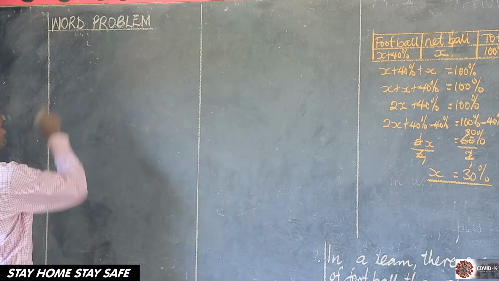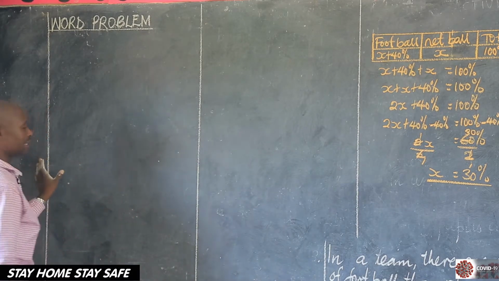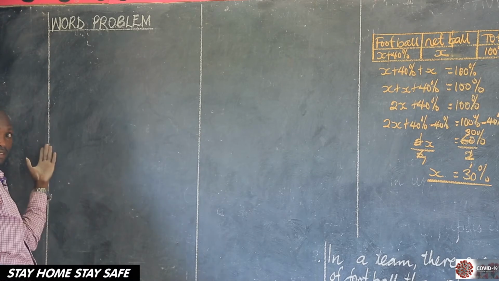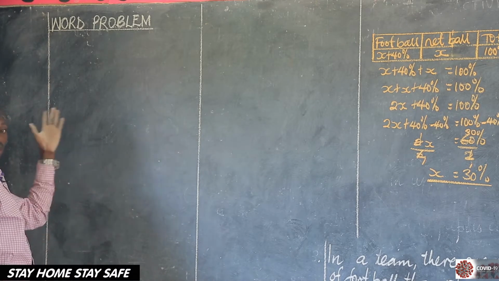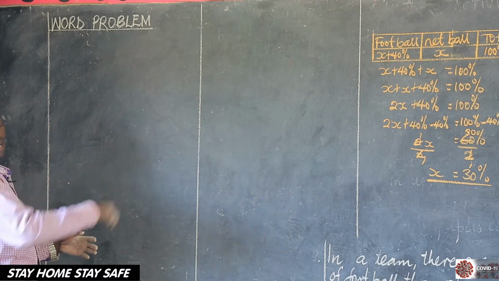In this word problem, what are we going to look at? We are going to look at where I have given you what is equivalent to a percentage, and I want you to find the original number.